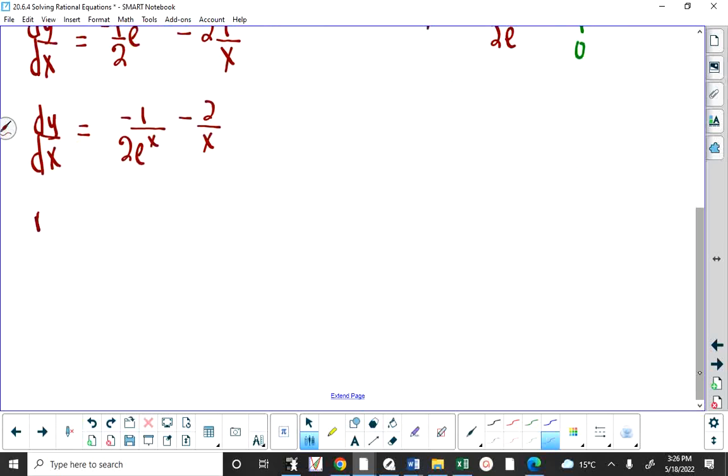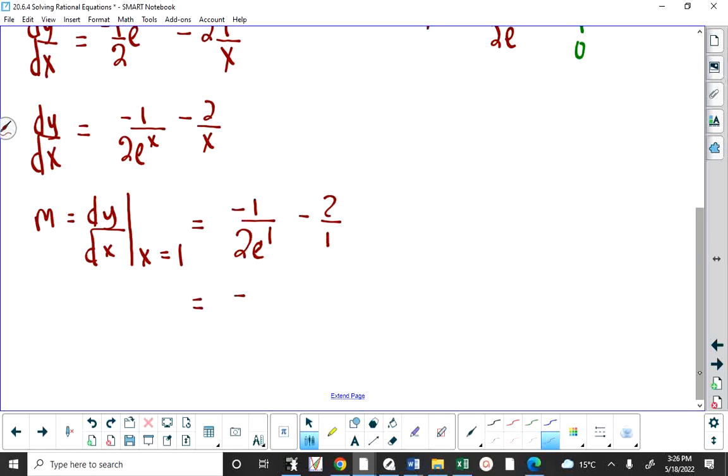The slope of the line will be equal to the derivative of the function which we've found evaluated at the point of tangency. So that means I need to put 1 in for x in my derivative, and I'm going to get negative 1 over 2e to the 1 minus 2 over 1, which means I get negative 1 over 2e, and then minus 2. So this is our slope.